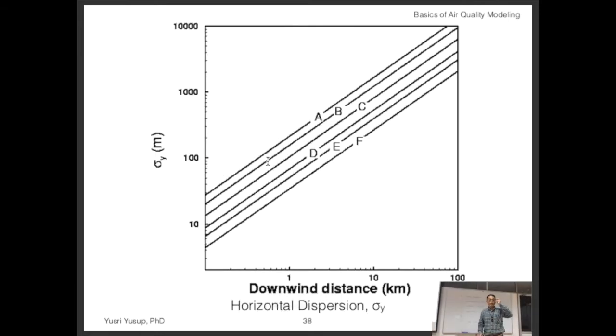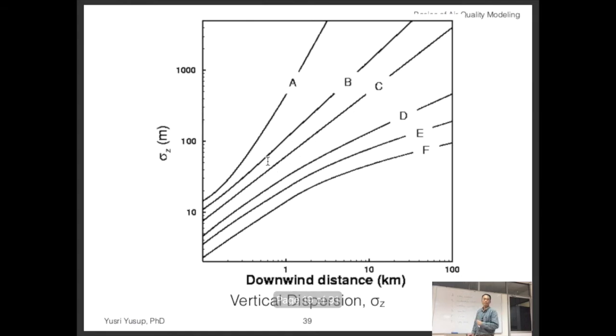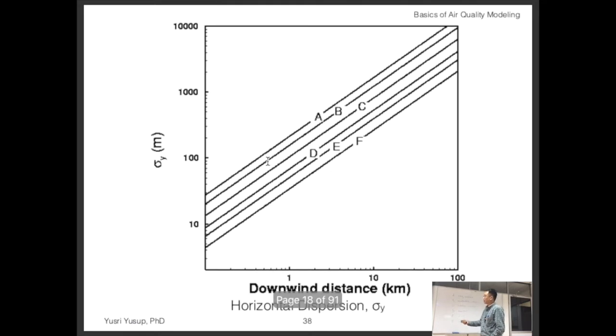Okay, this is how we calculate sigma y and sigma z. So we've determined the stability category just now. So let's say it was B. At what distance? If it's at 1 kilometer away and it has a stability category of B, then the sigma y is 200 meters.